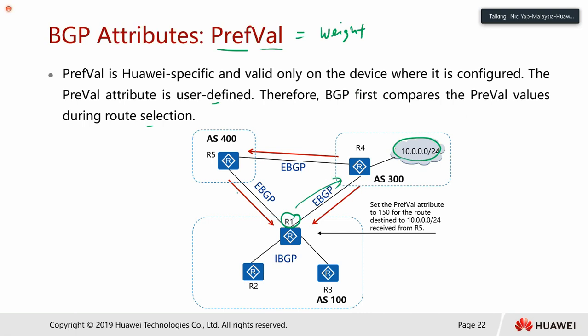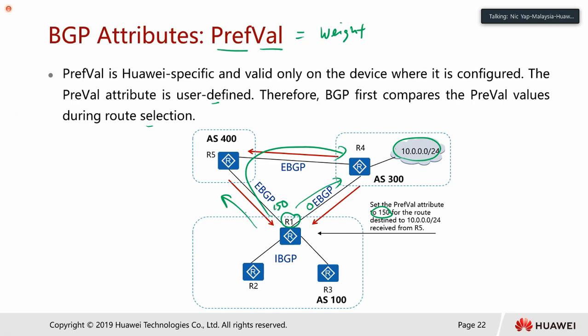But let's say you want to prefer this way to go to the destination. You can set the preferred value to 150. Default is 0. Whichever is higher is better. So in this case, I would prefer the 150 to reach my destination.